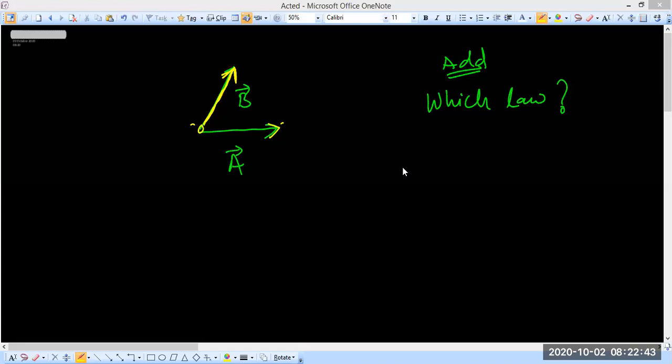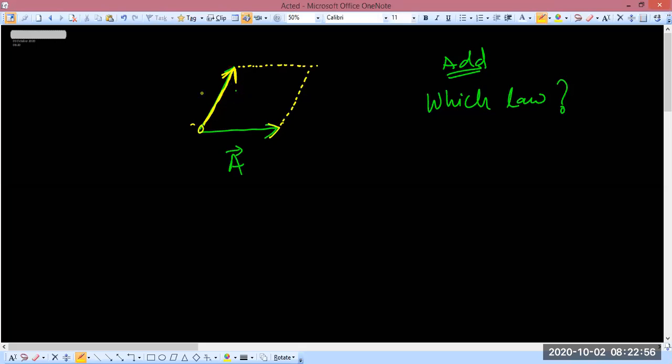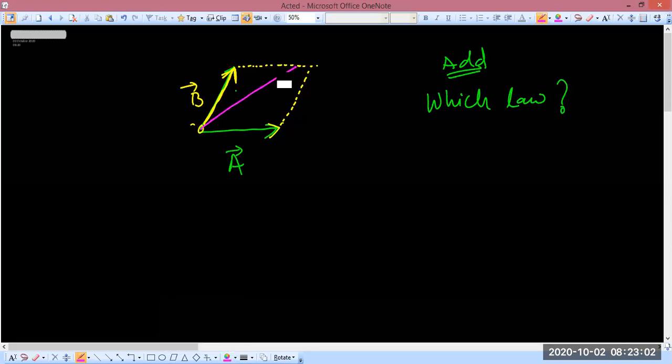Yes, parallelogram law, because their tails are together. So if we add it, it's going to be something like this, and then we make a diagonal like this.